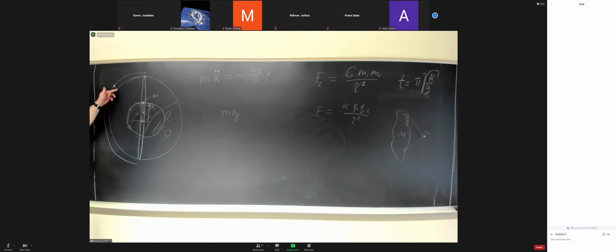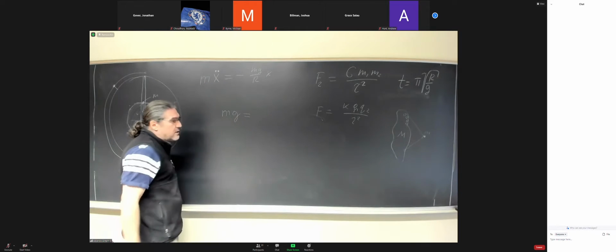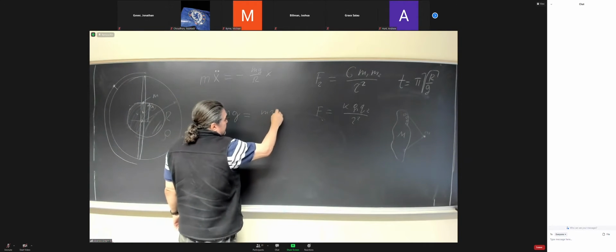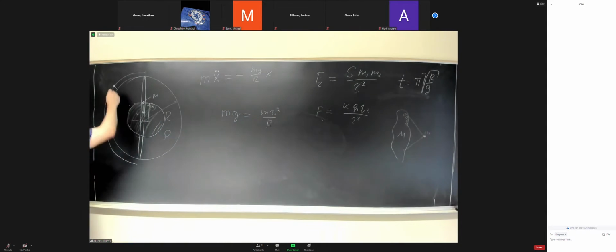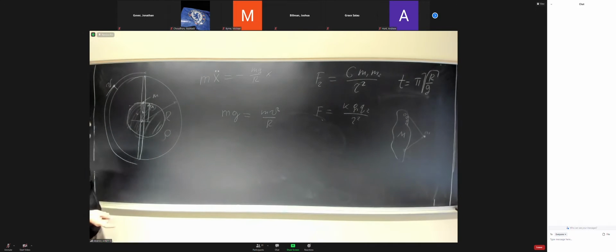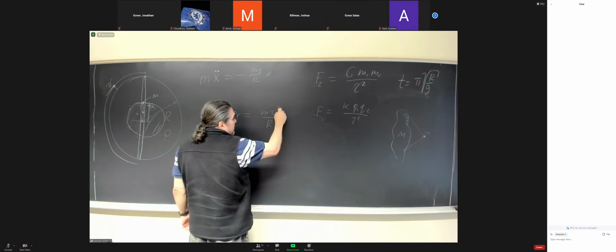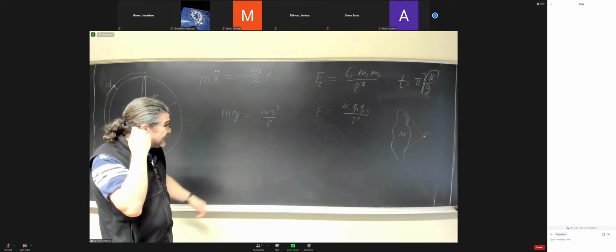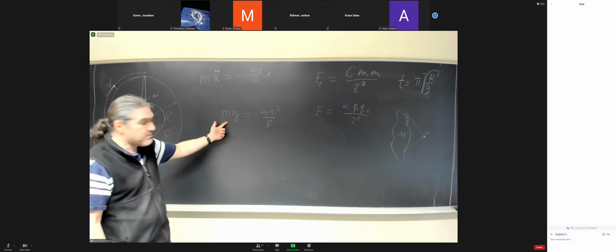So it's mg, and it must be equal to mv squared over r. So that satellite is going with velocity v, and that v squared divided by r is its acceleration because it's a circle, and this is mass. Acceleration times mass equals force.